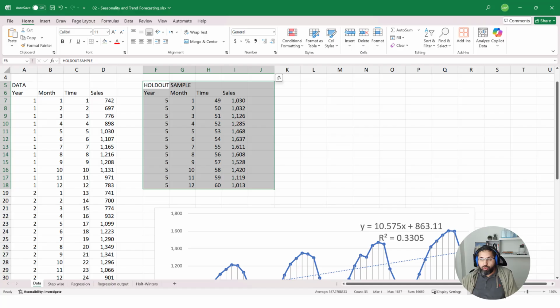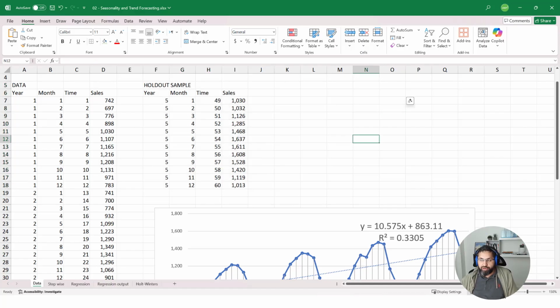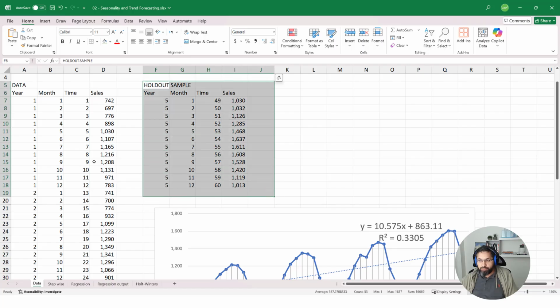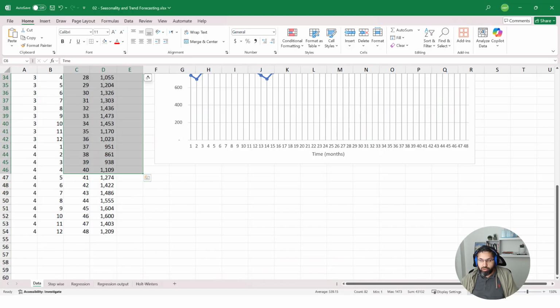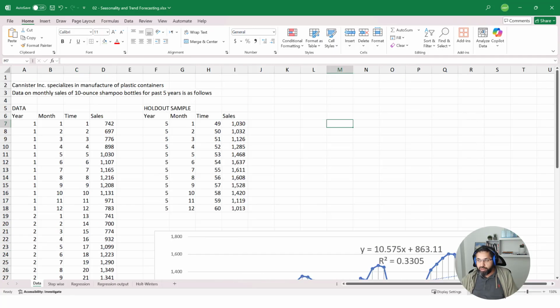So you want to avoid overfitting, and the way we avoid overfitting is we leave some data as a holdout sample. We build our regression model or Holt-Winters model on the training data, and then we apply that model to the holdout sample, and that's how we figure out what our MAD and MSE are and how good our model really is.